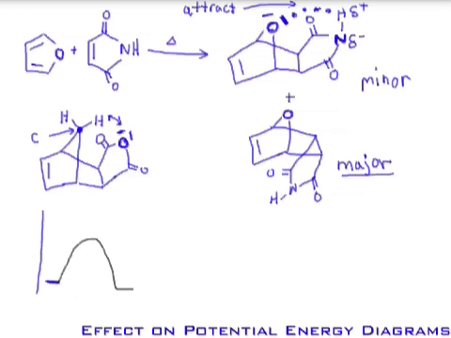No problem. Now, originally the exo had a less stable transition state, so higher energy, and a less stable product. And so black predominated.